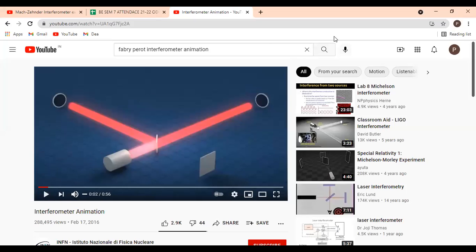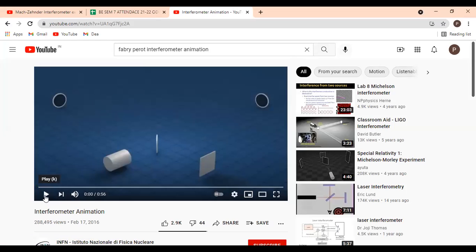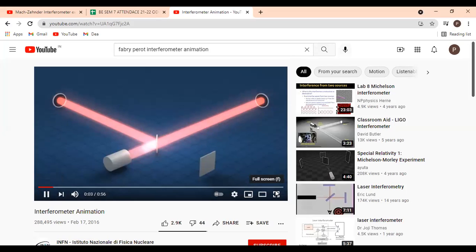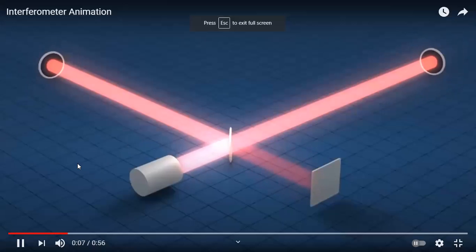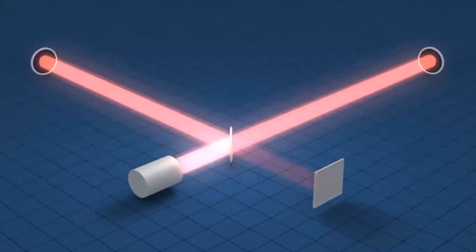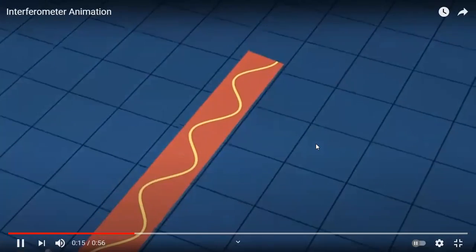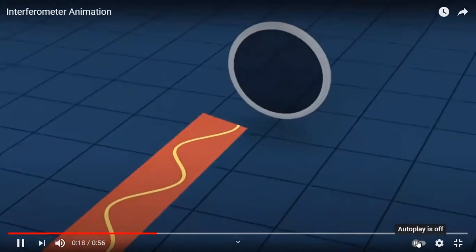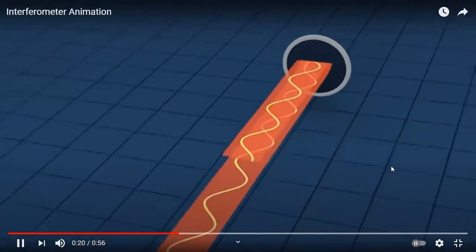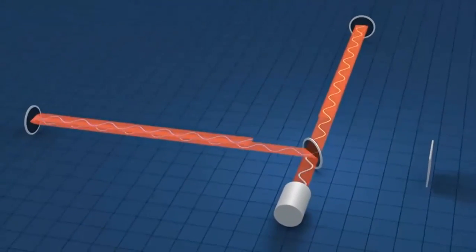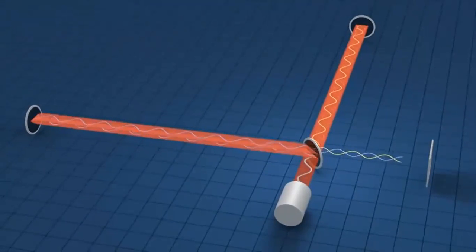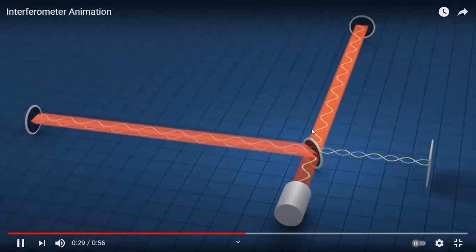on the interferometer principle. There is no sound as such in this video. So in this mirror, the light is reflected back.